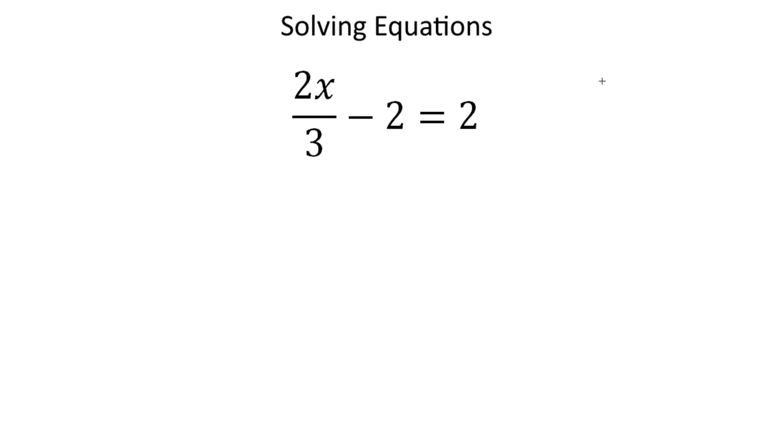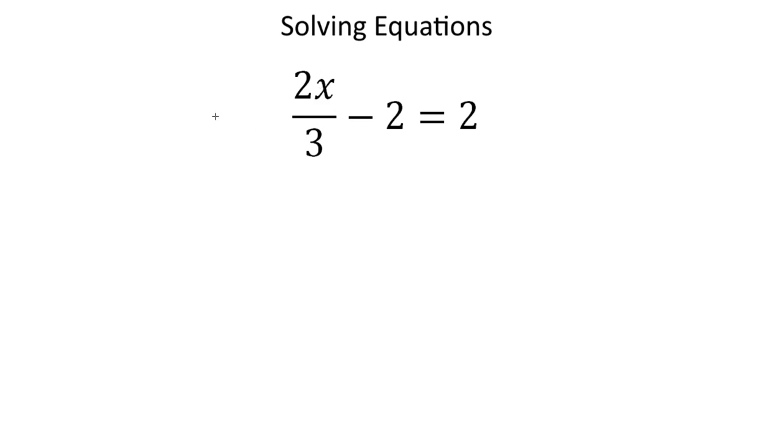So this one here, we have a combination of 3 different operations. So this is kind of combining what we've done in the last 3 slides. So we've got 2x over 3 minus 2 equals 2. So we have to try and find the value of x. So let us begin.